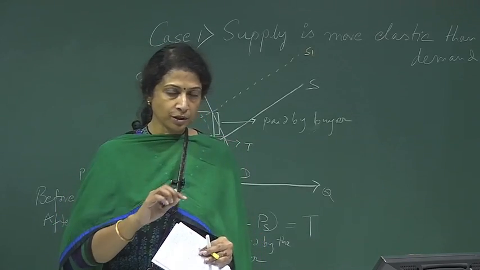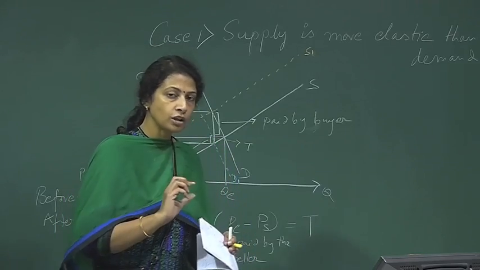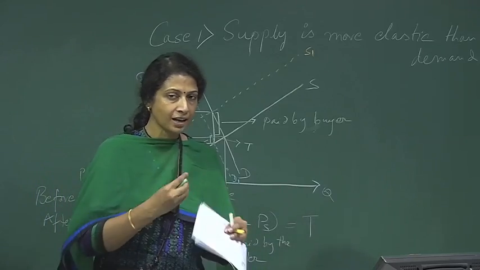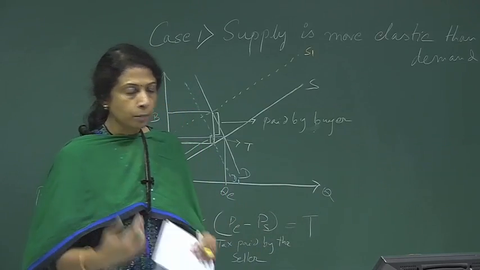Because the tax has been imposed, the seller ends up receiving a smaller price than what he was receiving earlier. So it is like he has split up the amount of tax with the buyer.